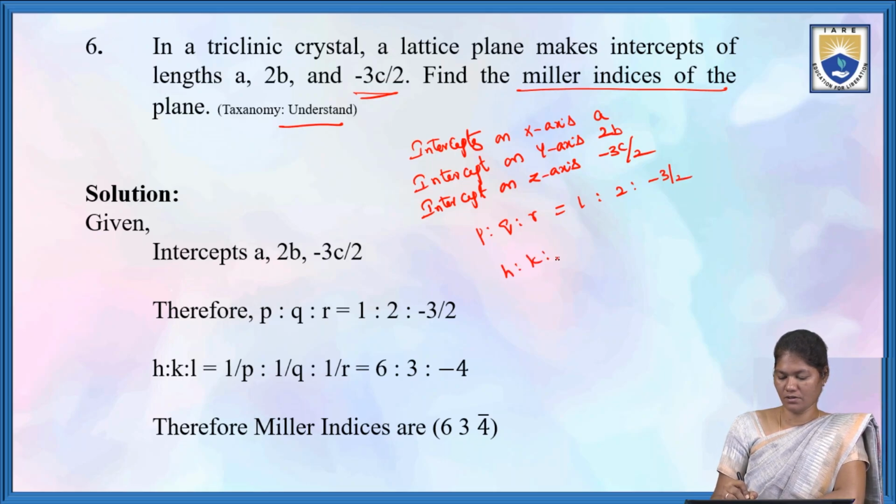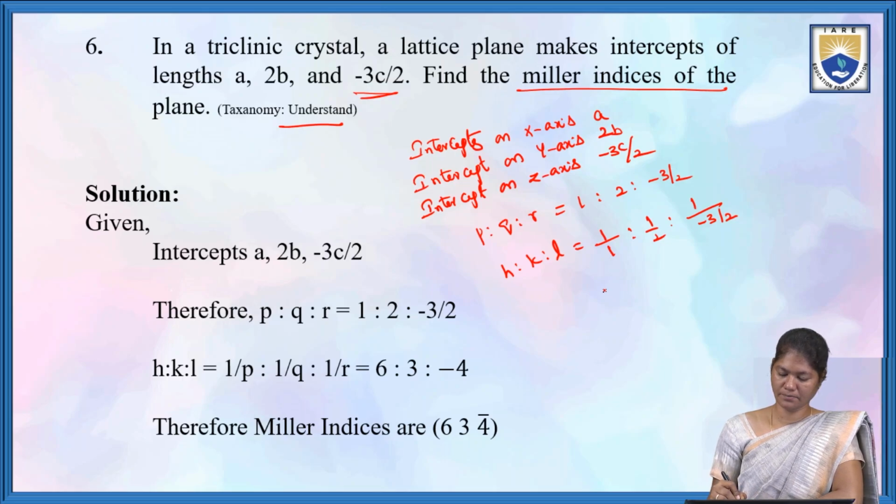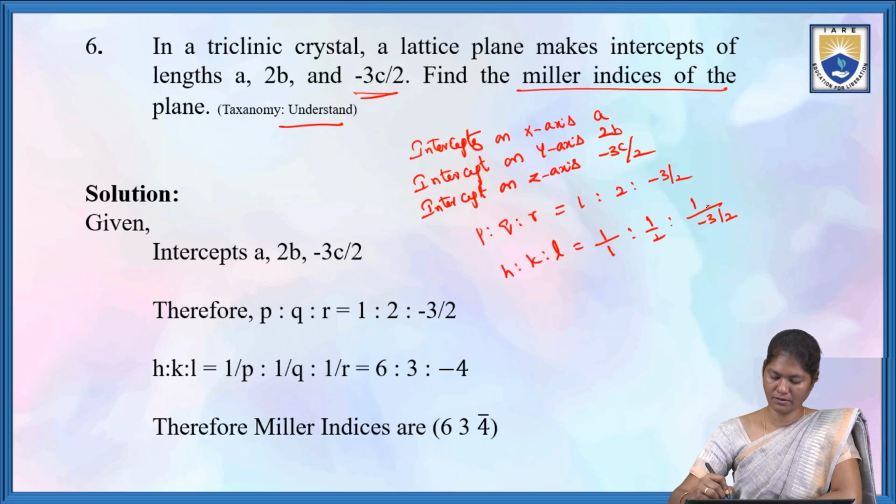Now take the reciprocal: 1/1, 1/2 and 1/(-3/2), which is 1 : 1/2 : -2/3.